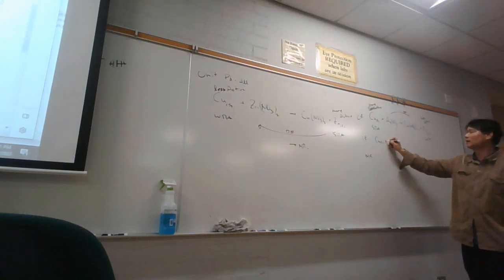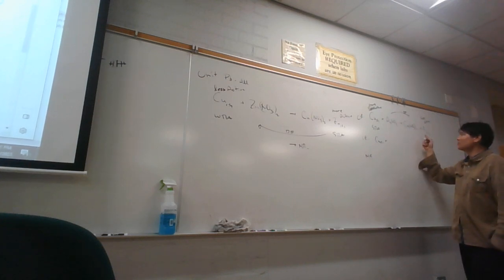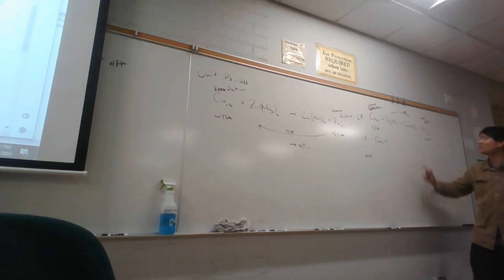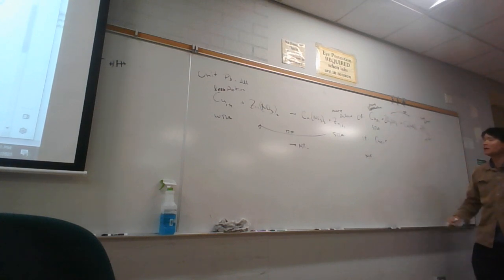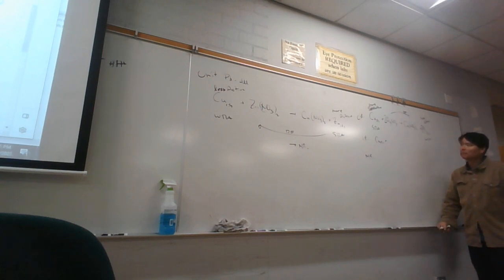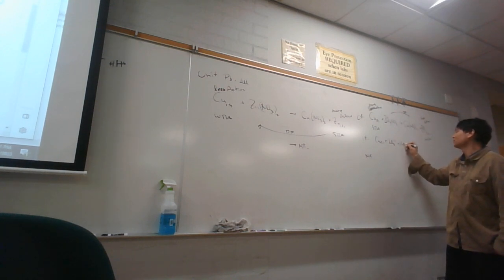Okay, silver nitrate. I didn't balance this. Do you see the atoms are balanced? Or no, the atoms aren't balanced. I need 2 silver nitrates and I got 2 silvers here. Now it's balanced. Silver nitrate. All nitrates are soluble. And so this is going to ionize to 2 silver ions plus 2 nitrates.